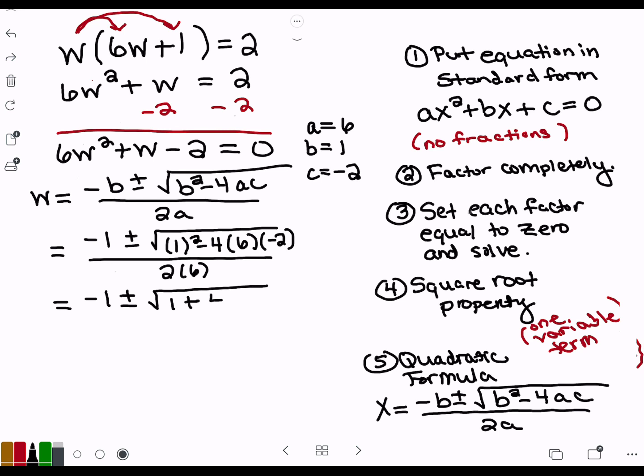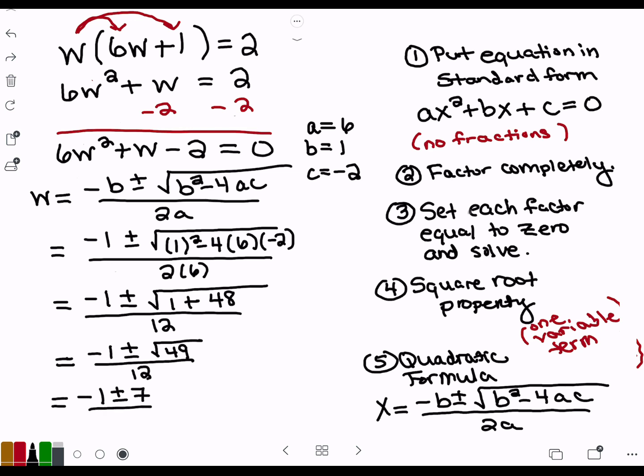That's going to be 1 plus 48 over 2 times 6, which is 12. And let me go ahead and add 48 and 1. That's going to give you square root of 49. I'm condensing everything underneath the radical. And I know the square root of 49 is 7. So I put negative 1 plus or minus 7 over 12.